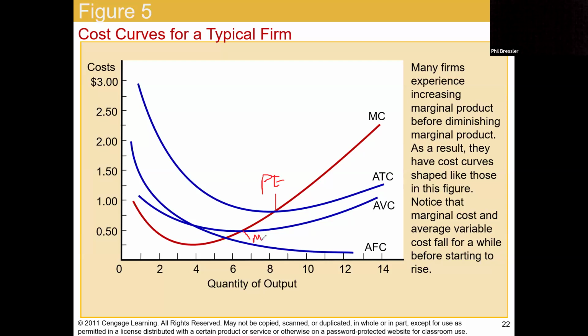Now, remember, if MC is above ATC, ATC will be going up. If MC is below ATC, ATC would be going down. If MC is increasing, marginal product is decreasing.